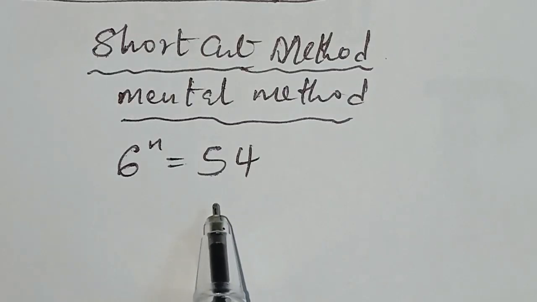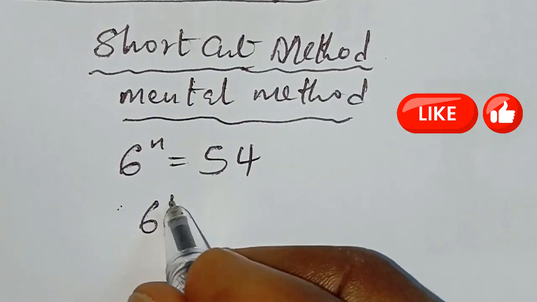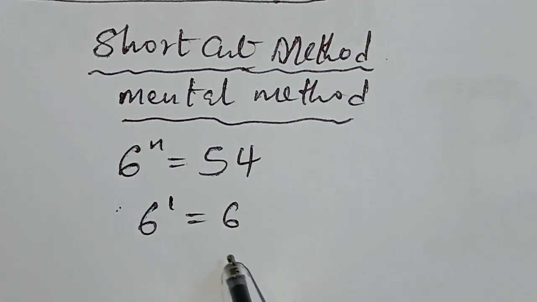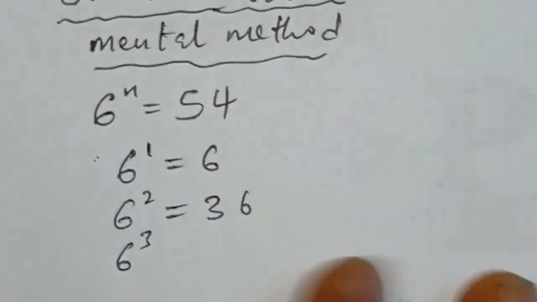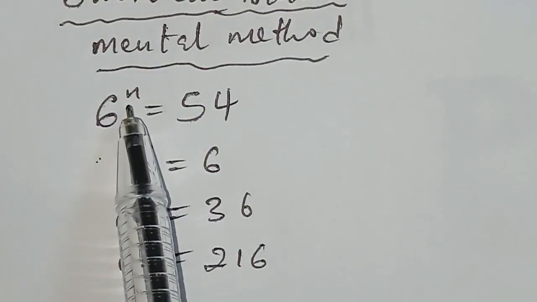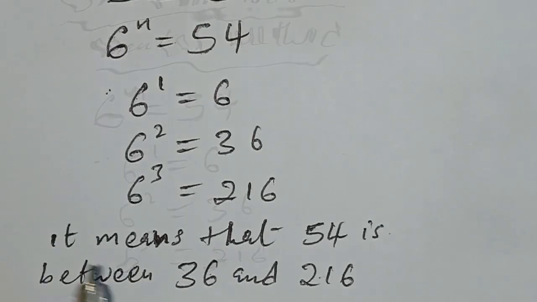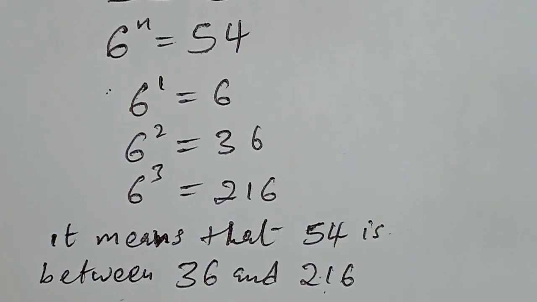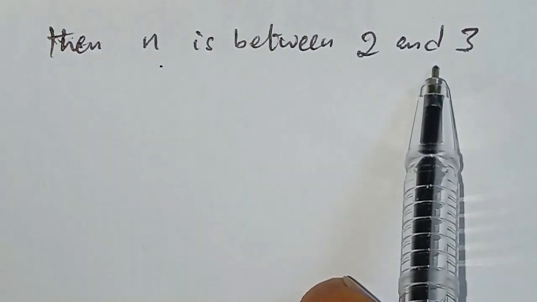Comparing 54 with a nearby power of 6, we know that 6 to the power of 1 is given by 6. 6 to the power of 2 is given by 36. 6 to the power of 3 is given by 216, which means that the value of n is in between 2 and 3. It means that 54 is between 36 and 216. Then n is between 2 and 3.